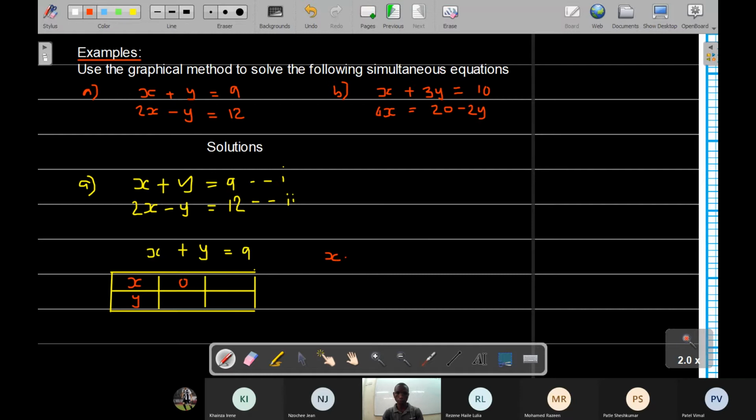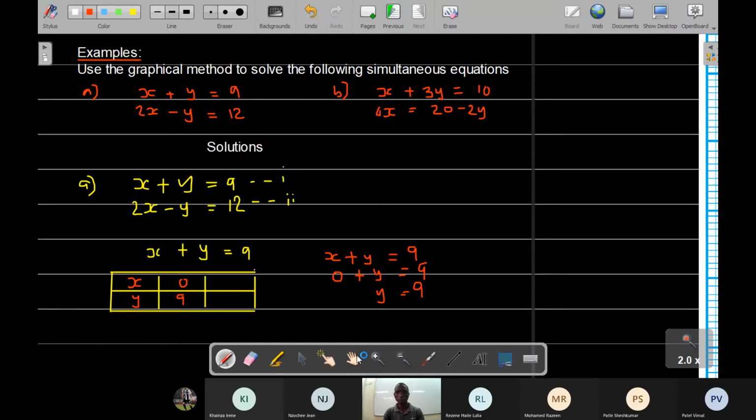The equation is x plus y equal to 9. In the position of x, I substitute 0. So 0 plus y equals 9. You'll find that 0 plus y gives y, and the opposite side is 9. So when x is 0, the value of y is 9.